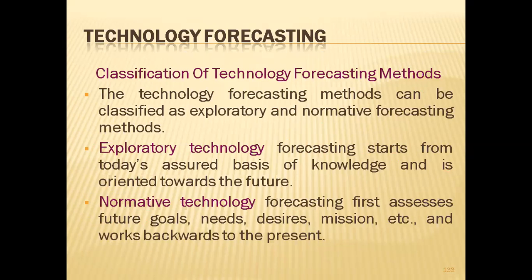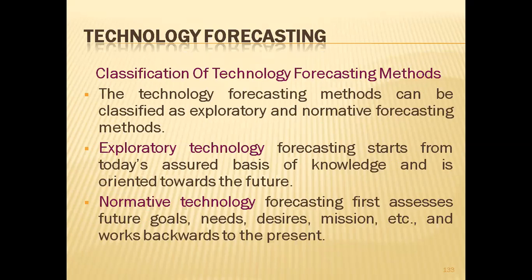But in technology forecasting, we have two different types of methods. One is called exploratory, another is called normative. Exploratory means you have certain data today, and based on the available data, you are going to design the future: what you are today and what you want to be tomorrow. The opposite is normative technology forecasting, where you know where you want to be after 10 years.